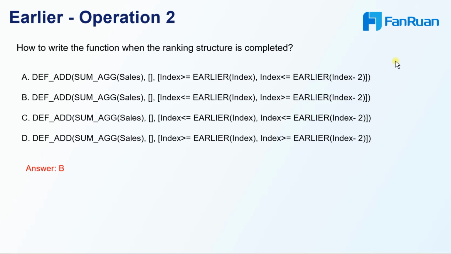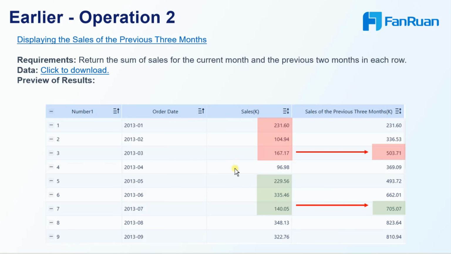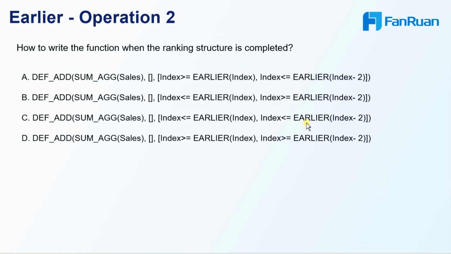Okay, now let's reveal the answer. The correct answer is B. Why? If we're not sure how to write it, let's look at a specific row, for example, row 3, March. According to the requirement, the sum of sales for March, February, and January is needed. To break it down, it should be greater than or equal to 1 and less than or equal to 3.